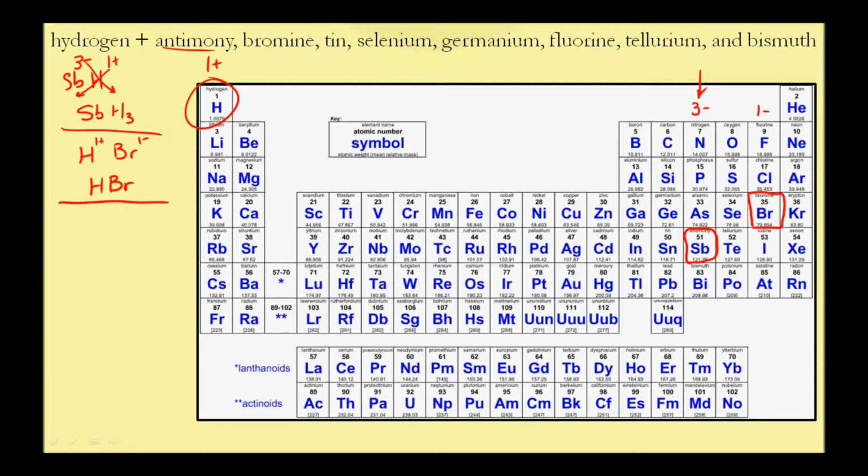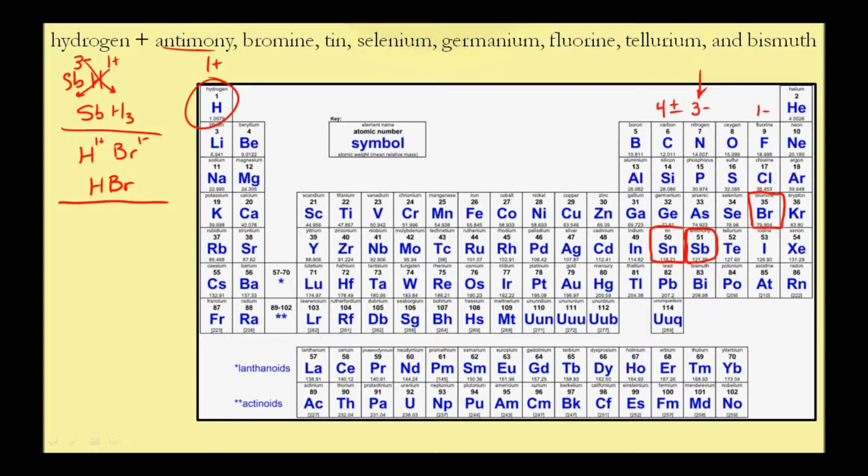With tin, Sn, it's in the column that's looked upon as 4 plus or minus. They can act as positive or negative.